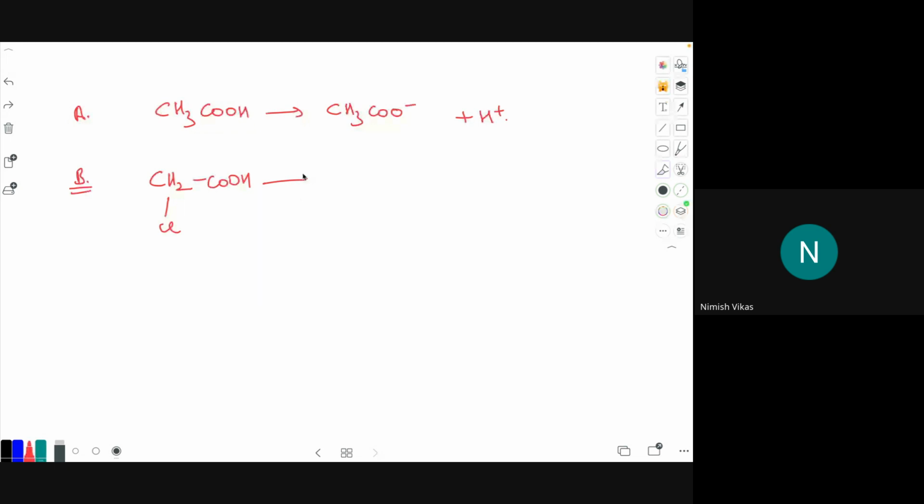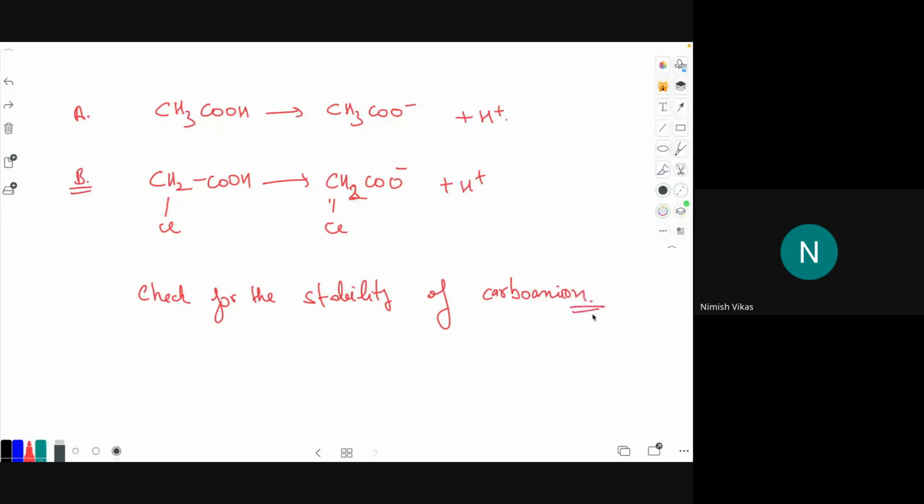First, you will write like this. Remove the H plus first and check for the stability of the carbanion. The more the stability of the carbanion, the more acidic the compound is.